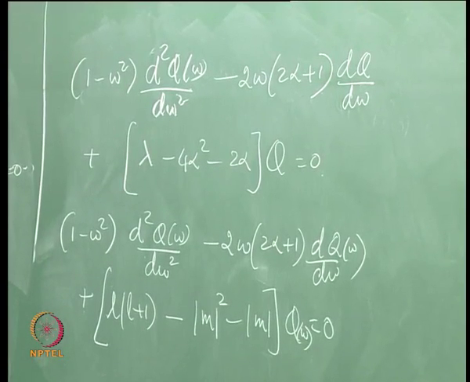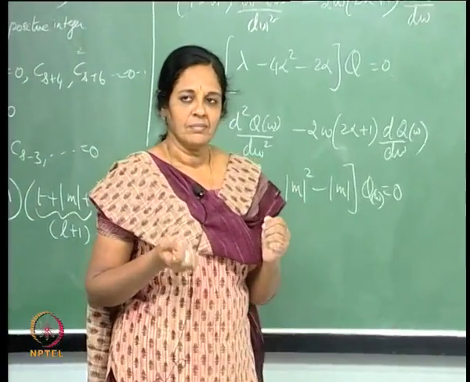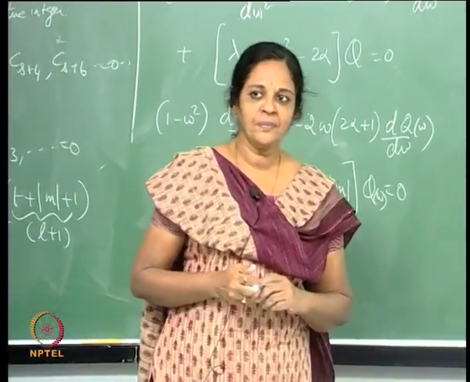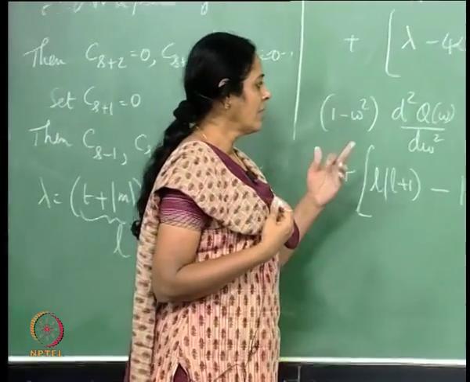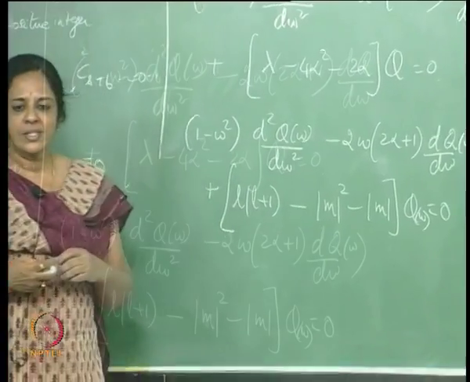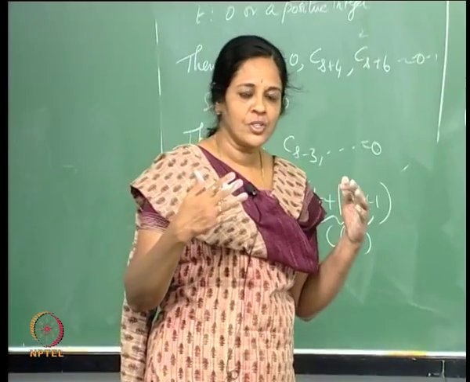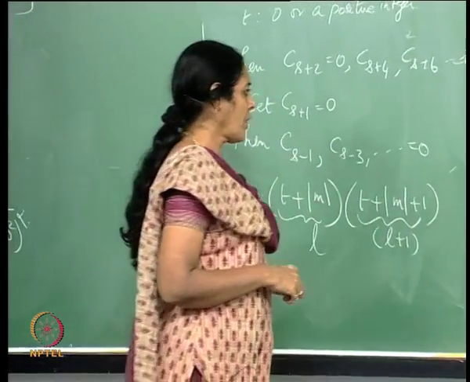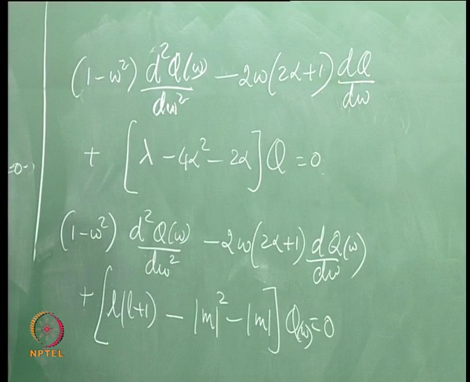Let us see what q can be. It is clear that since w is cos theta, we are now looking for an expansion for q of w in terms of an orthonormal basis set of functions which are functions of theta. Okay, in that term with 2 alpha plus 1, there too set 2 alpha equals mod m.